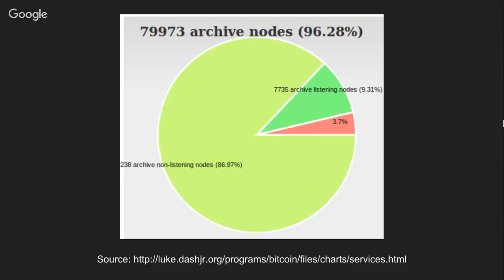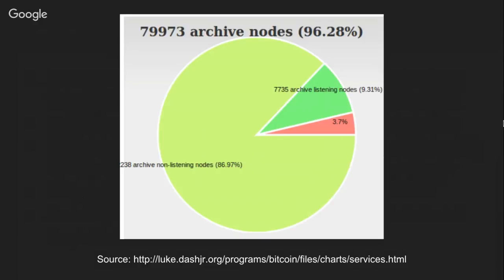But this shows that, based on his last scan of the network, there were approximately 79,973 archive nodes, meaning full nodes that are storing a full copy of the blockchain, and 9% of those, or about 7,700 of those archive nodes, were listening nodes.